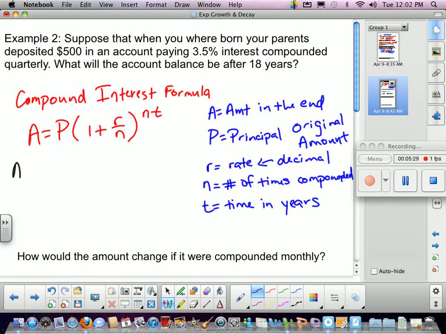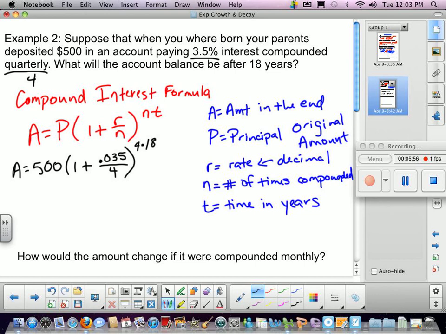We've got $500 as our principal amount. The percent, 3.5, we have to convert over to a decimal, so that becomes 0.035. It's going to get compounded quarterly. Quarterly is 4 times a year. And then it's being raised to the power of 4 times 18.